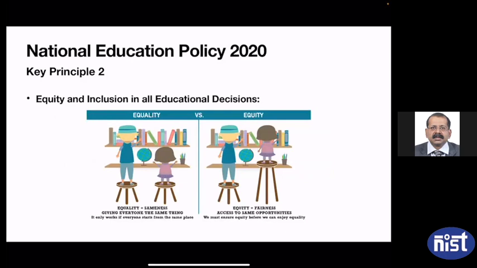Equality would mean giving everyone the same thing, so whoever is coming at whatever level, irrespective of their background, gets the same education and same learning. And equity would mean fairness and access to the same opportunities by everyone.